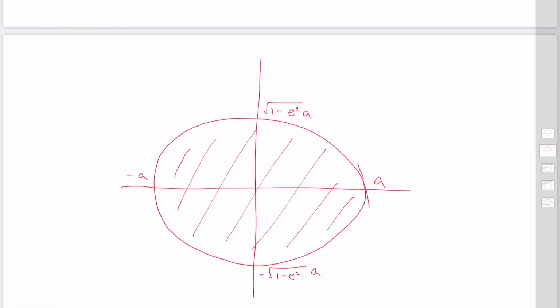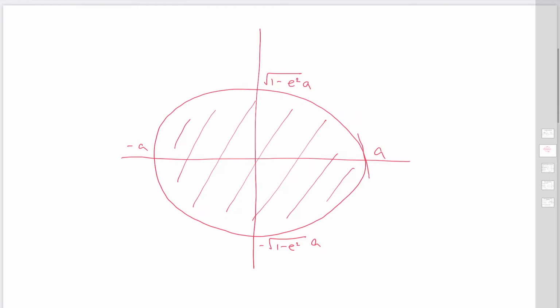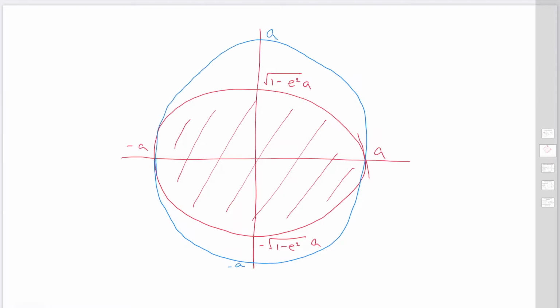So in this type of situation, it's better to consider the circle with radius of a. Then the area of this circle of radius a is pi a squared.